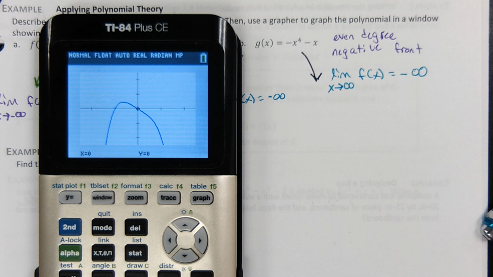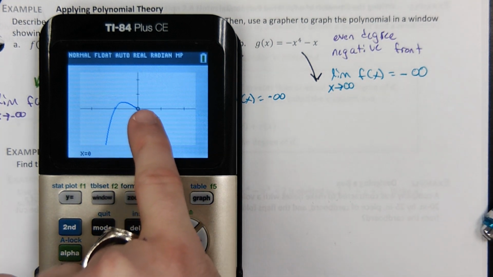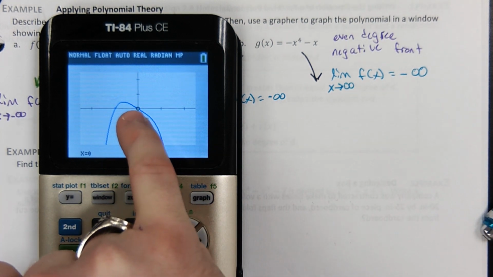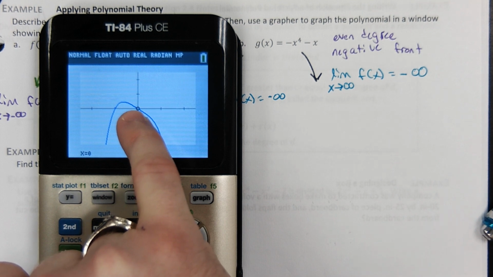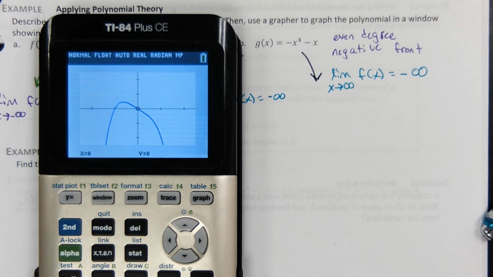I don't know if you guys caught it when it was happening, but it gave us a little wiggle right there close to the origin. Because of that, I'm going to hyper exaggerate the shape when I draw it. You guys okay with that? Yes?